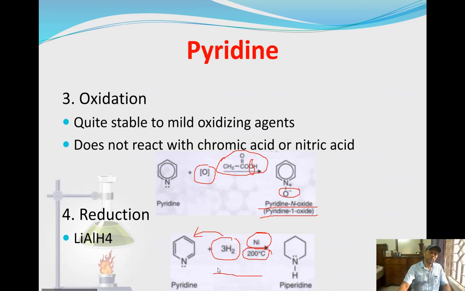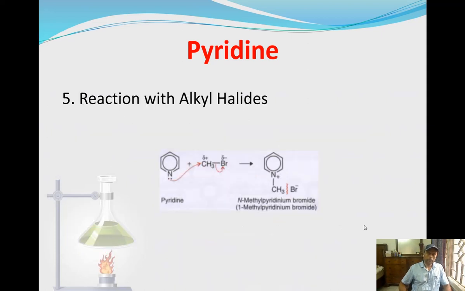We have seen the reverse reaction of this in the synthesis of pyridine. So instead of nickel and hydrogen, you can use lithium aluminum hydride to do the hydrogenation, right? So this is about the reduction.